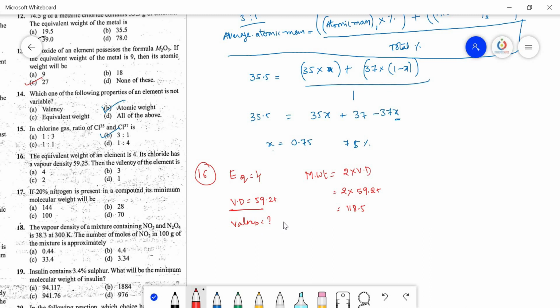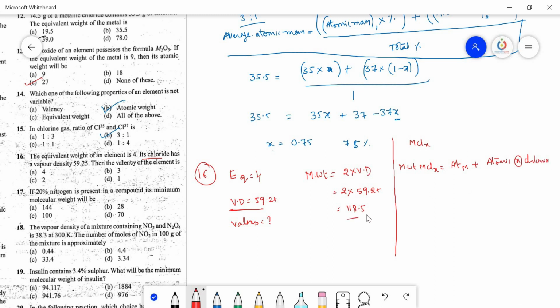Just like the earlier case, we have to solve the question. Let us take the chloride formula as MClx again. Molecular weight of MClx equals atomic mass of the metal plus atomic mass of x number of chlorines.